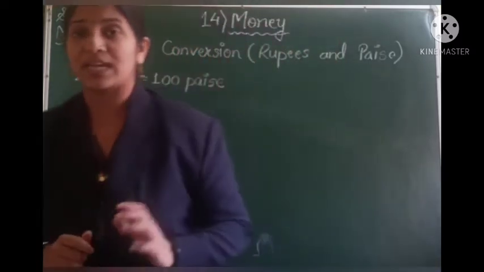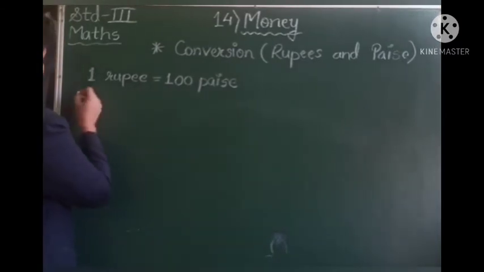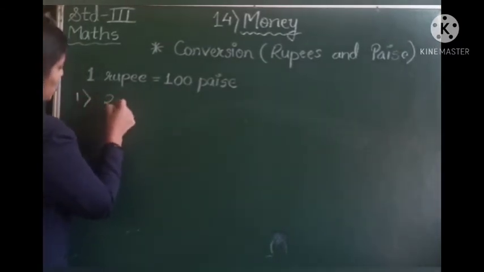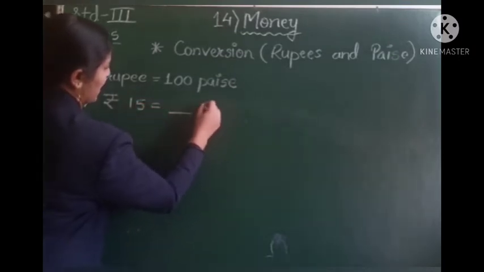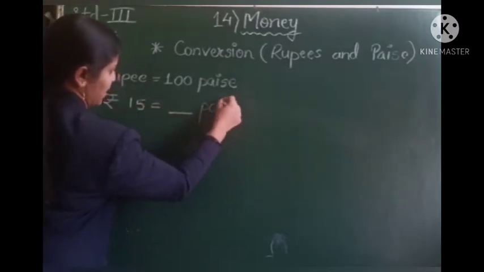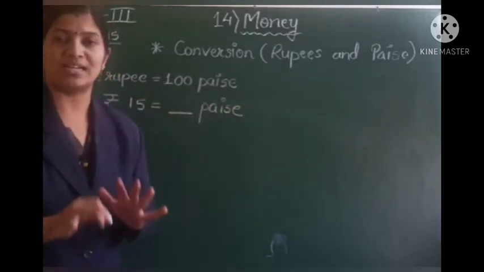So let us take one example. The first one I will take is rupees 15. So rupees 15 is equal to dash paise. Here we know that 1 rupee is equal to 100 paise.